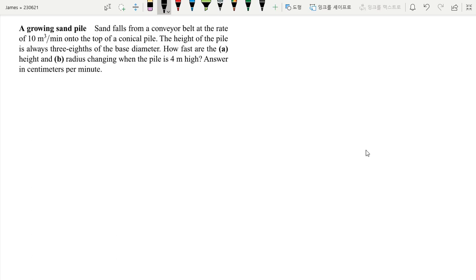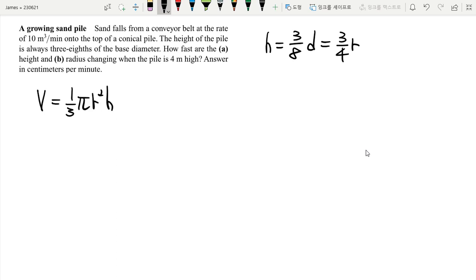So we can make the equation. Height is 3/8 of diameter, and because diameter is 2 times radius, that means height is 3/4 of the radius. And the volume of the cone is this.